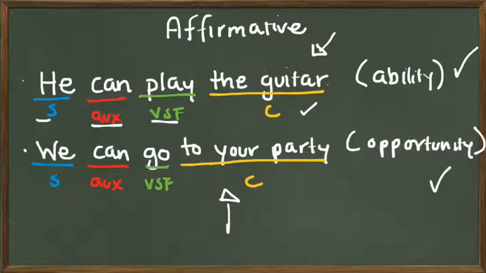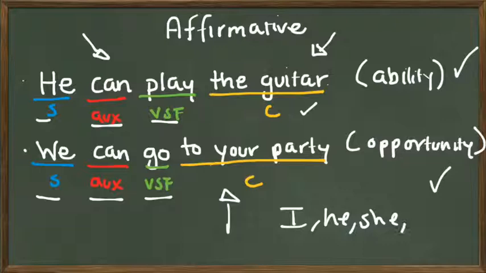In the second one, we have we, which is our subject, can, which is our auxiliary that expresses an opportunity, go, that is our verb in simple form, and to your party, which is our complement. Something important to mention is that can is used for all persons, which is I, he, she, it, we, you, and they. Very good. Let's continue.